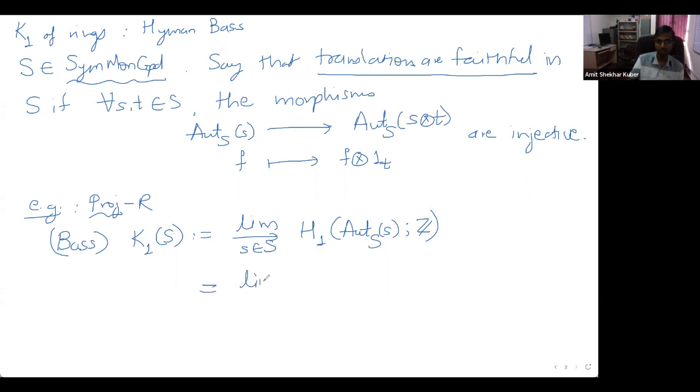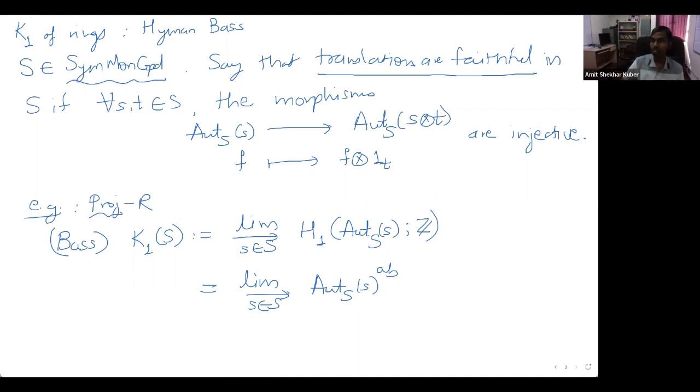The first homology group with coefficients in Z is simply the abelianization of this. Okay, so we simply have to take larger and larger automorphism groups and take the direct limit of the abelianizations.